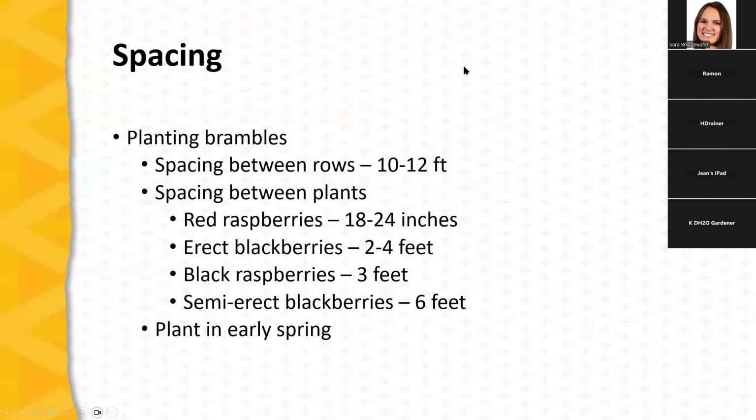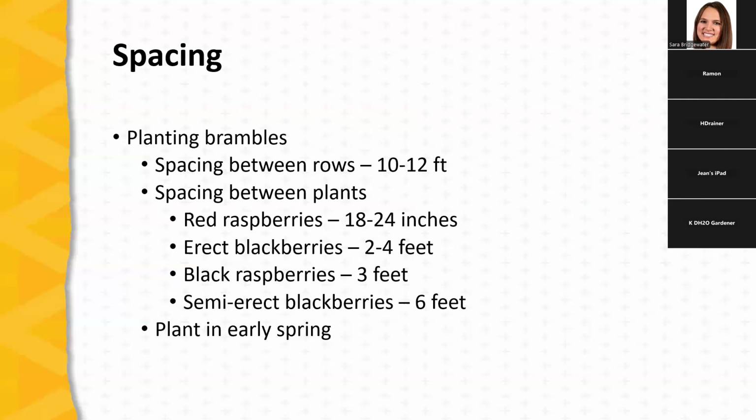Spacings of the brambles depend on the type, but normally rows can be separated by 10 to 12 feet. Then the spacing between plants in the row, depending on the type of bramble, for example raspberry, can be 1.5 to 2 feet. Other ones can go 2 to 4 feet.